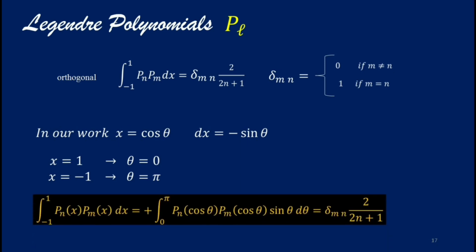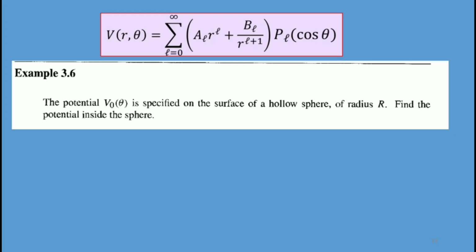Now the integral of Pn of x Pm of x dx becomes the integral from 0 to pi of Pn cos theta Pm cos theta sin theta d theta, equal to delta mn times 2 upon 2n plus 1. This is the orthogonality condition in the spherical coordinate system.